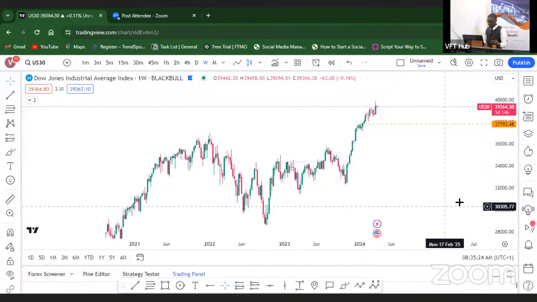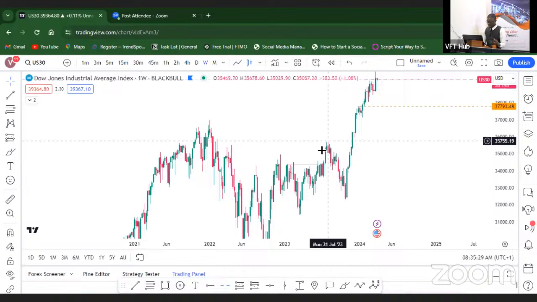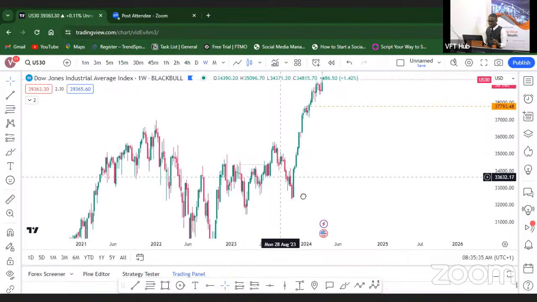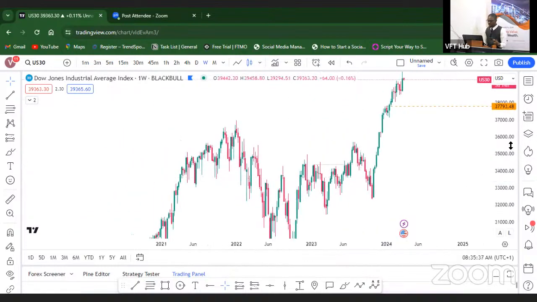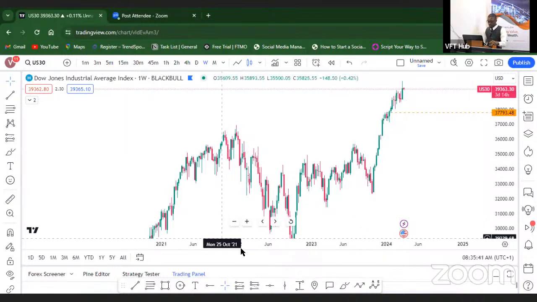Interesting, I'm just seeing something on this chart: the same concept of liquidity and market structure that I could have used to maximize this entire move. It's in the past, but of course you can learn from it. So what do we see here?